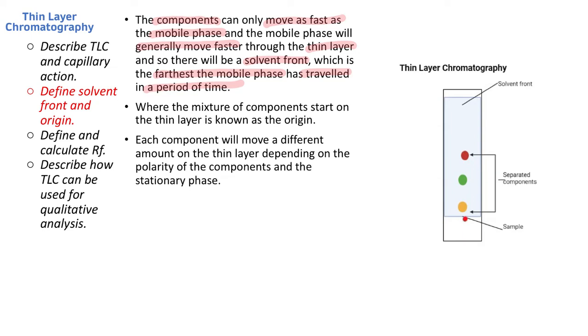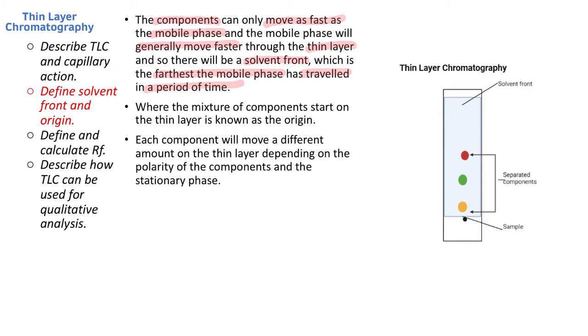As it's passed the sample, it has dissolved the sample, and the sample has moved with the solvent up varying amounts, that's these components, but the water itself has moved this far. This diagram is not labeled very well, but the solvent front is that level there, right? How far the solvent has traveled in a particular period of time.